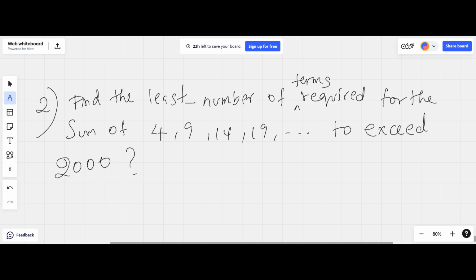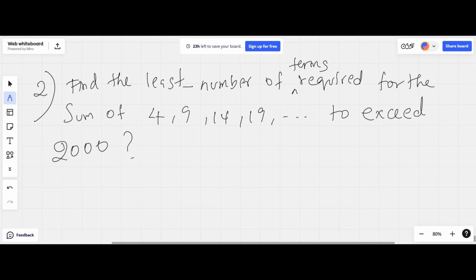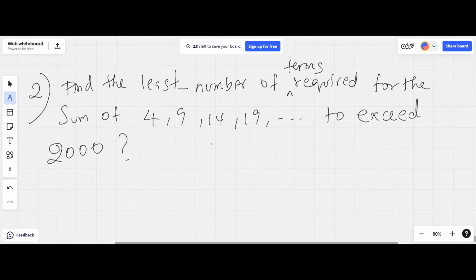This is the question. It would be a little difficult to understand at first. The question says, find the least number of terms required; this is the sequence. If you find the sum, it needs to be larger than 2000.